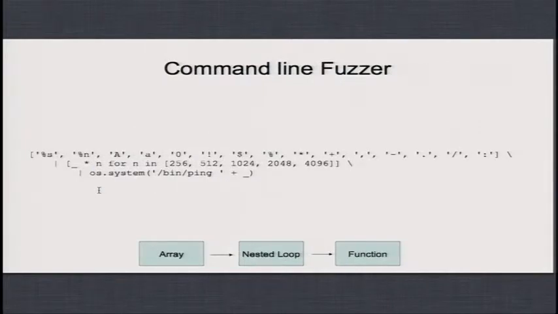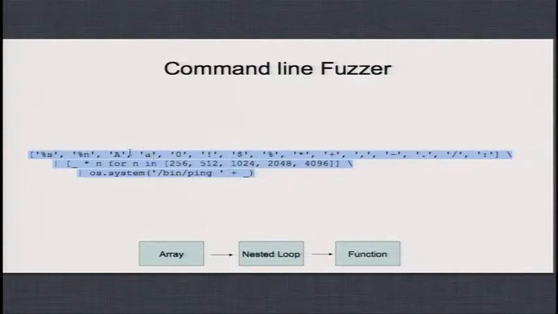Going into a little bit more elaborate example, this is an example of a very simple command line fuzzer. So essentially what we're looking at here is the following. First, we define all the possible characters, or in this case a very limited char set, but we define a number of characters that we would like to use as input buffers into the fuzzer. The second line describes a nested loop.